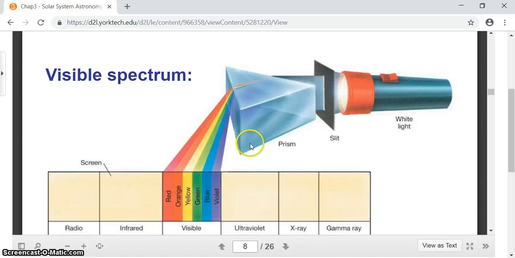Let me just mention that in modern times we really don't use prisms very much anymore. Prisms are expensive and heavy. In most telescopes nowadays, we use what's called a diffraction grating. It's very inexpensive.